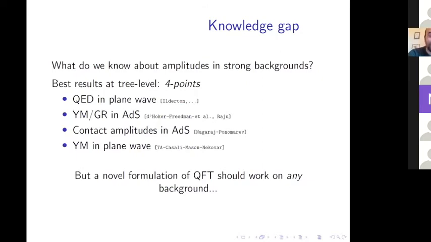And if that's true, then we should see that in any background that we want to compute in, not just a trivial one. And if we do only see it in a trivial one, then all of those beautiful advances, they're still beautiful and they're still advances, but they're really advances about the amount of symmetry that you have in a trivial perturbative background, not something deep about quantum field theory, I would argue.